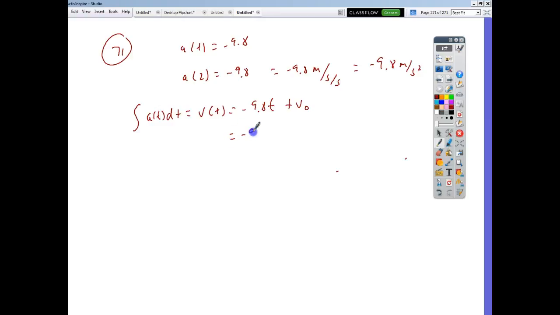What was my initial velocity? 15. So this is my new velocity equation. Now I'm going to plug in 2 to find my velocity at 2. So my velocity at 2 would be equal to negative 9.8 times 2 plus 15. 19.6, so negative 4.6. Units would be meters per second. I lose one of those per seconds because I changed my rate down 1.